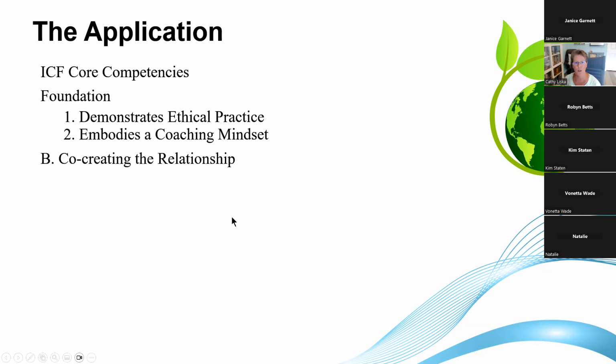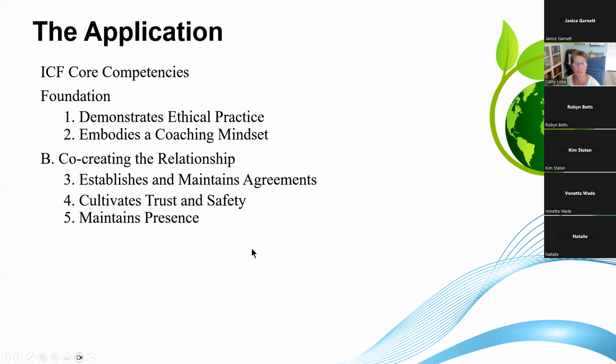In terms of co-creating the relationship, our coaching competencies establishes and maintains agreements, makes sense for us in all capacities, cultivates trust and safety, and maintains presence. So trust and safety, can we have that honest, authentic conversation and know that it's okay, it's a safe place to do that? Maintaining presence, it's so easy to get distracted. And when we learn how to stay truly present and focused on the person we're with, that's powerful in every conversation we have.